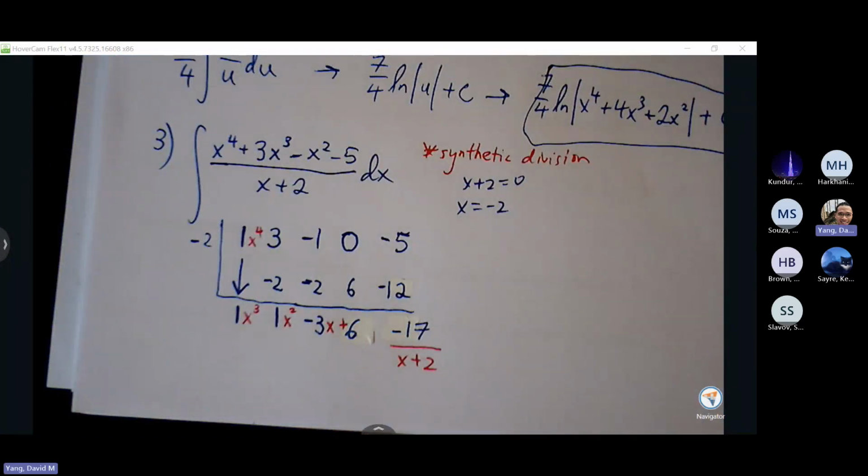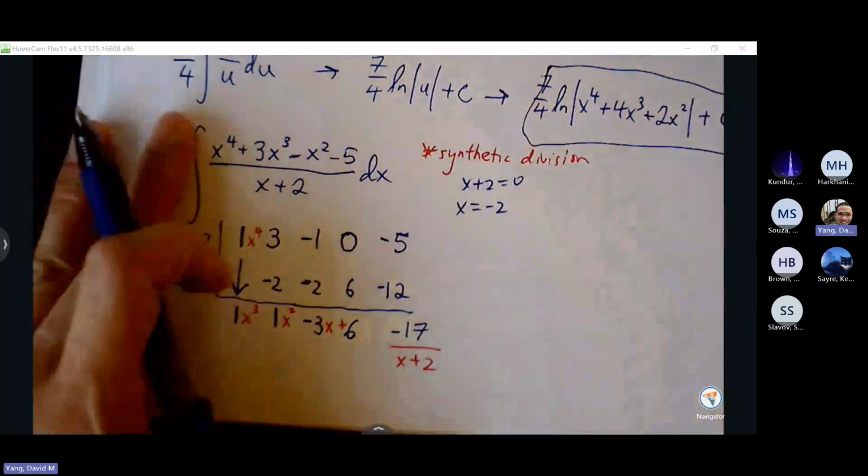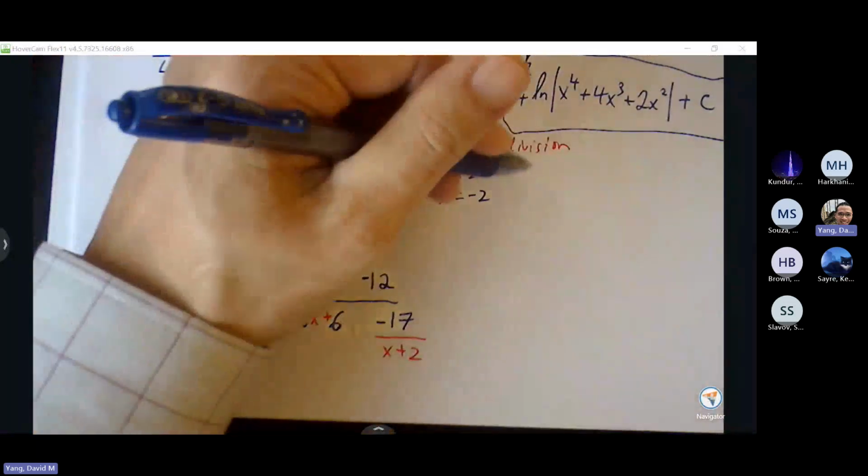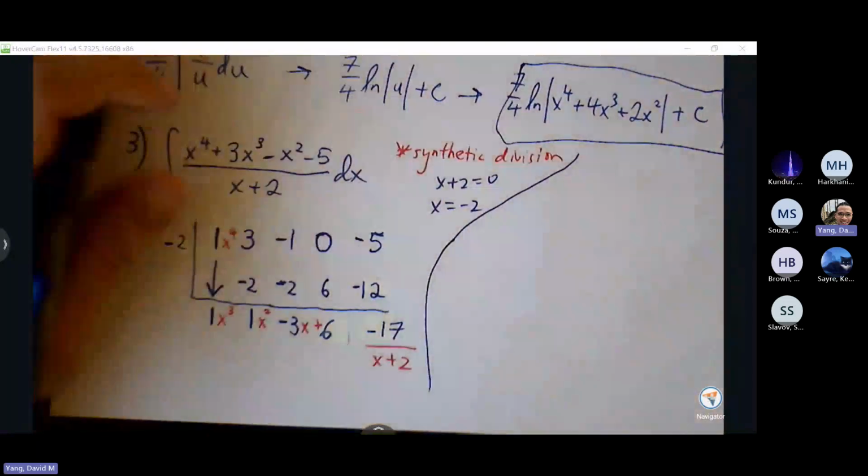Okay, remember, we haven't done any calculus yet, right? This only gets us to that starting line so that we can actually apply rules that are easier to use.